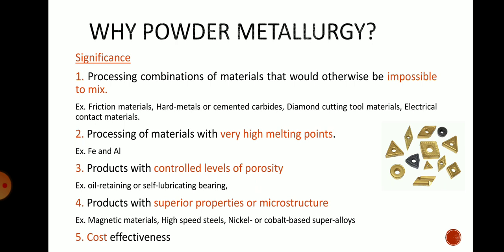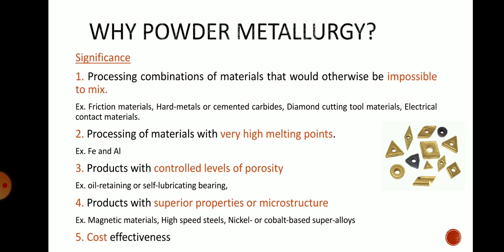All these methods, machining, casting, extrusion, injection molding, can be applied on components in which the material is either pure, or, if you are combining two materials, they are homogeneously mixed with each other.